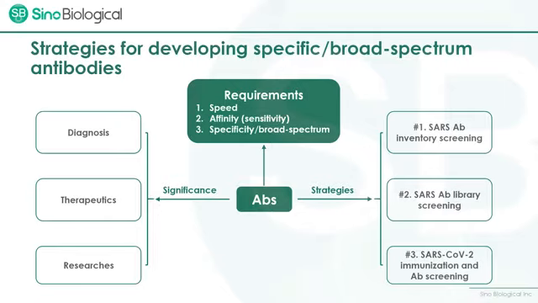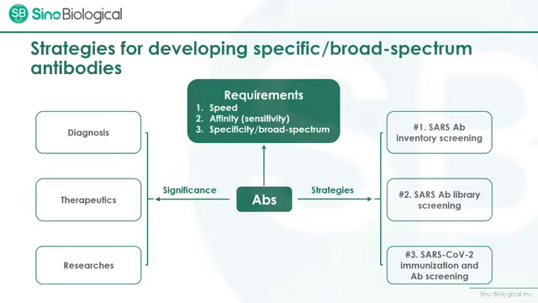Because development speed is very important at this time, if we can obtain good antibodies or other reagents for supporting SARS-CoV-2 scientific research, it will help a lot for the following vaccine and therapeutic development. The third strategy is to start from the beginning. We will immunize with the SARS-CoV-2 antigen and then do the antibody development.